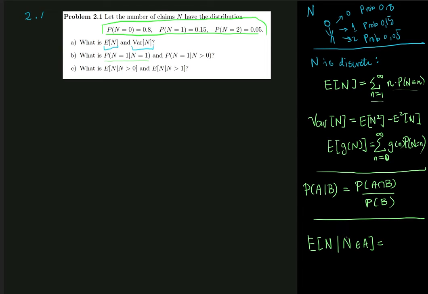There you have the continuous version, but the discrete version is exactly along the same lines. It's given by the mean of n multiplied by the indicator of n being in A, divided by the probability that n belongs in A.